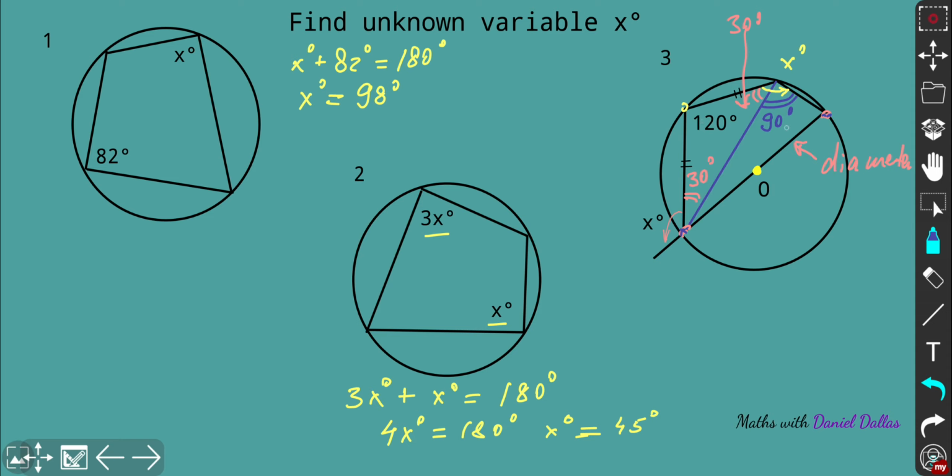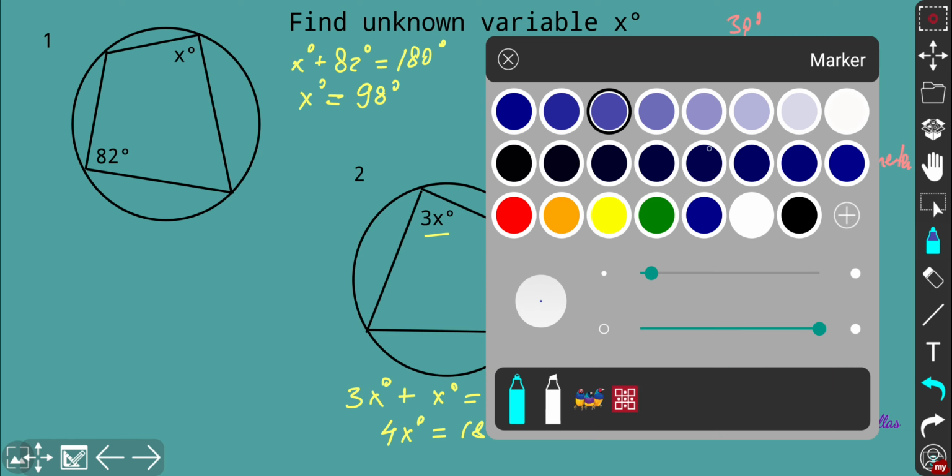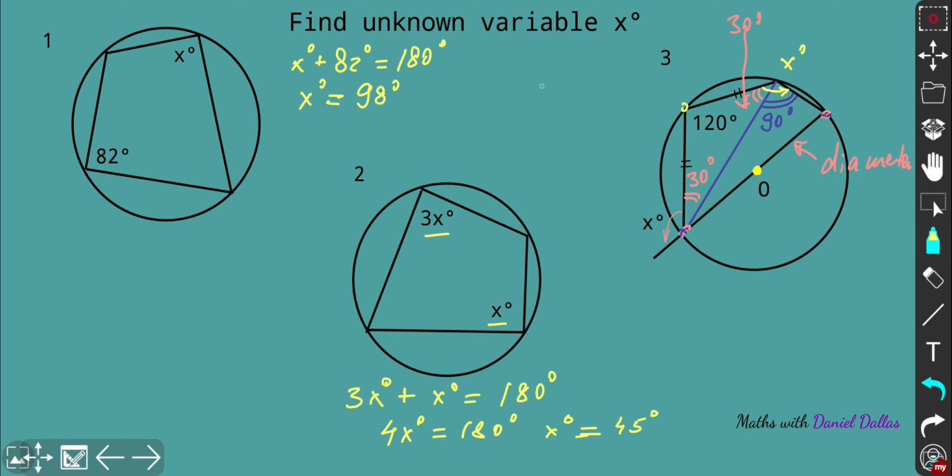So if we have 90 degrees and 30 degrees in total, obviously that will form angle x. So we can write that angle x is going to be simply 30 plus 90 degrees. And in total, we can figure out angle x. So it's simply 120 degrees.